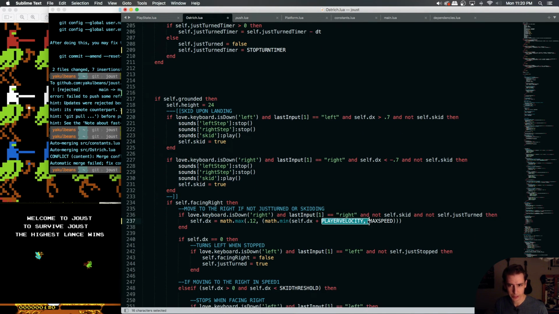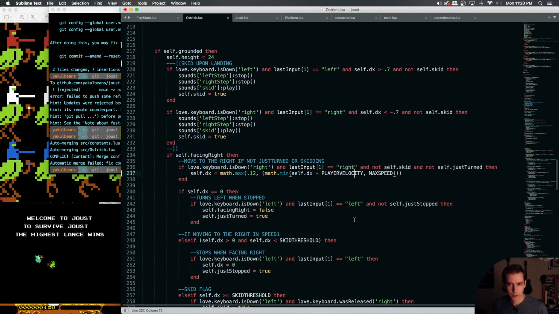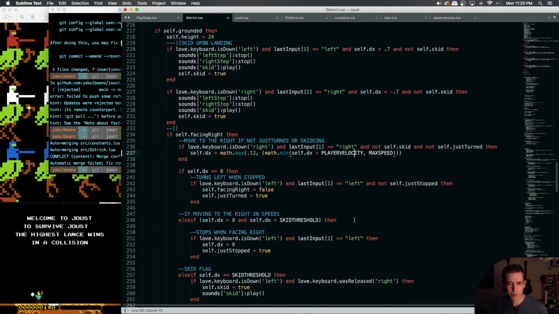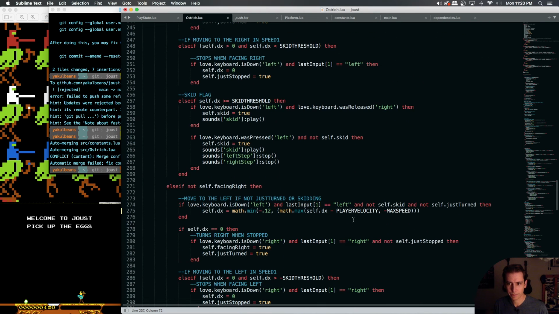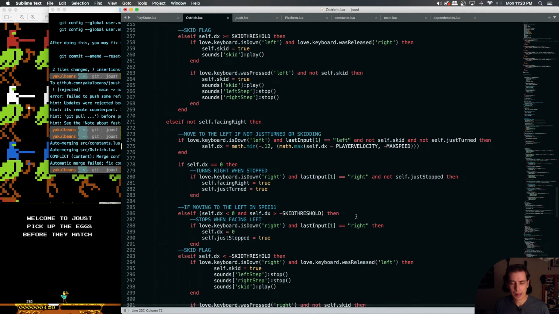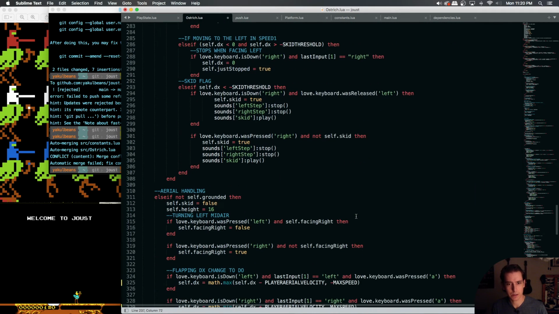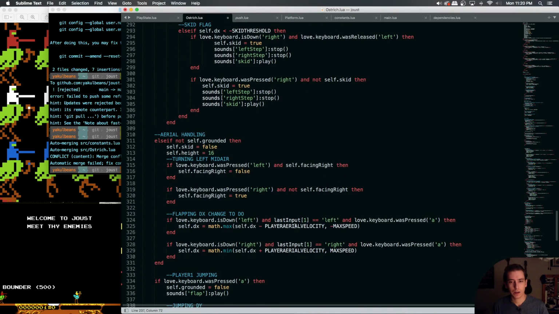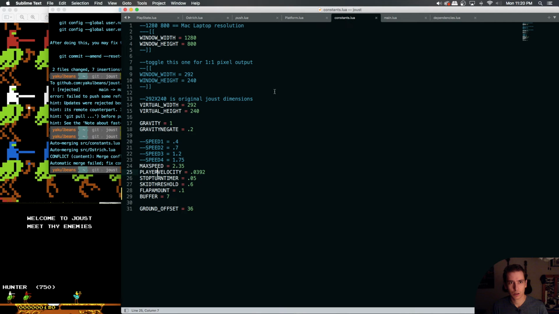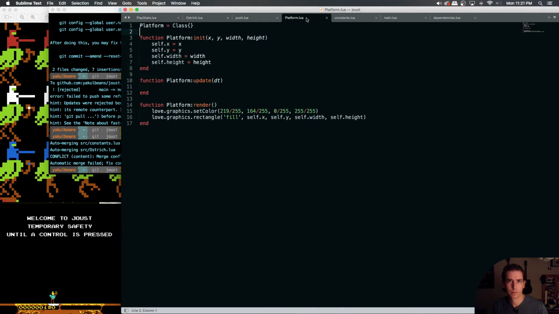We want to see, look, we use player velocity here. What did that used to be? I don't even know what that used to be, but I changed it. I think it was just a value? I don't know. And then look at this, player aerial velocity, which we don't even have. Player aerial velocity is flap amount.